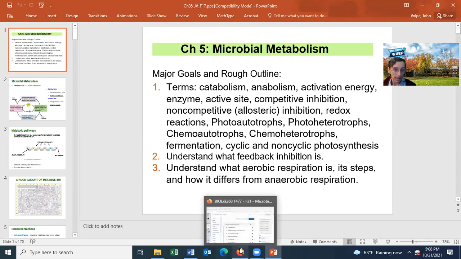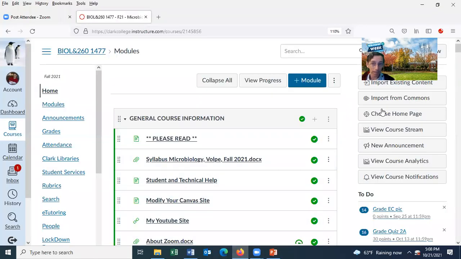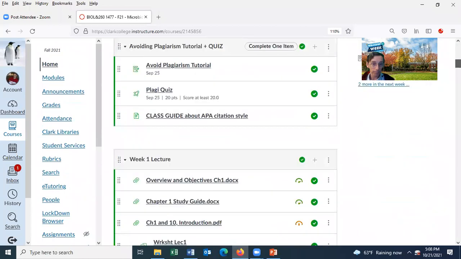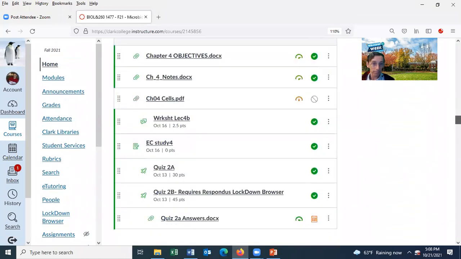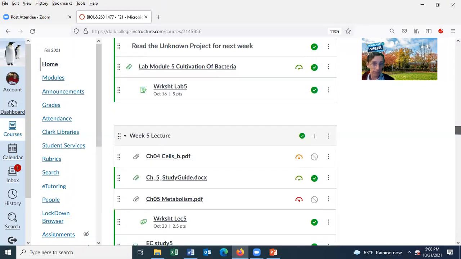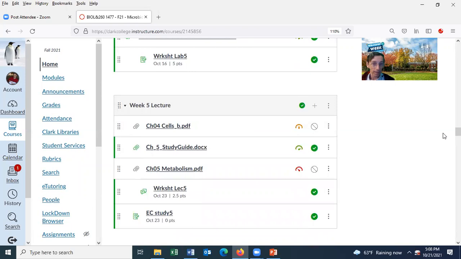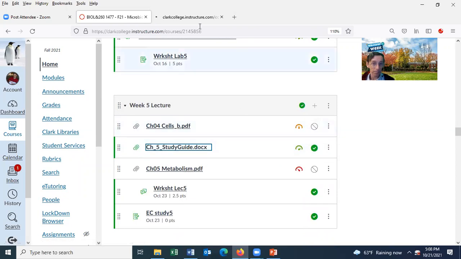If you want to know all of the goals, take a look at the objectives, which will be in the study guide for chapter 5. At the very start of the study guide, there will be objectives.